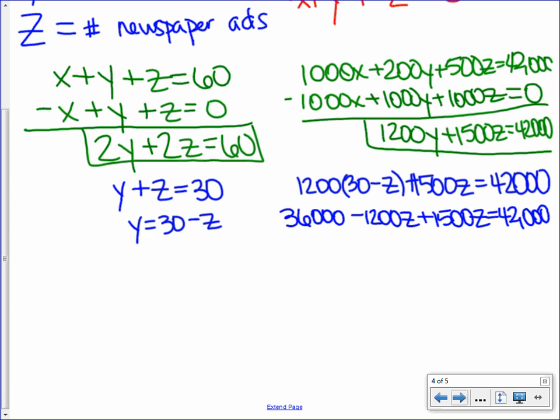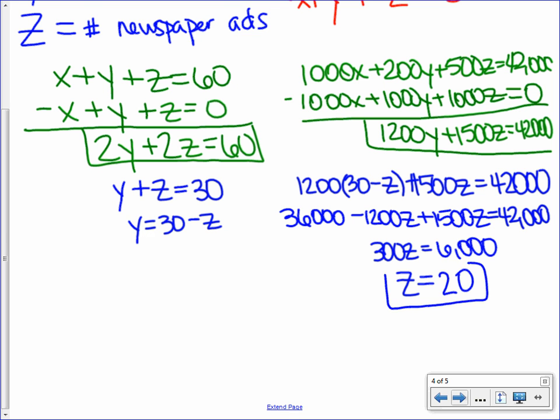So, how many Z's do we have? 300Z equals, when I subtract 36,000 over, what? And so what is Z? 20? And if Z is 20, we can come back over here, and what does that make Y?